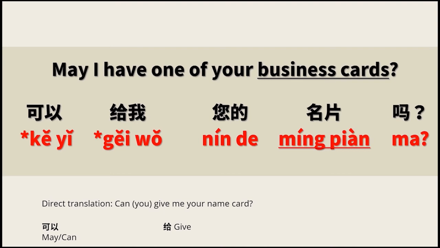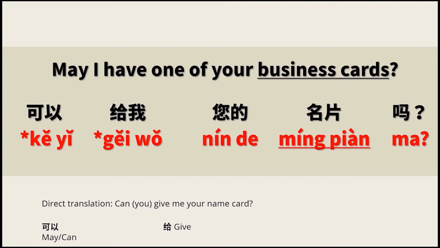可以, it means can or may. 可以。给我 means give me. 可以给我。您的 means your.